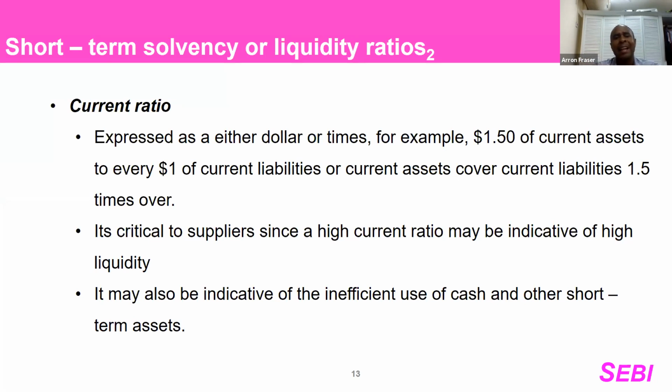So we might be looking at last month's figures, do the calculations, and we see that we have less than 90 cents of current assets to a dollar of current liabilities at last month end. But having invested that excess cash, we might have those returns coming this month and in time to settle those liabilities. So it might not be as damning as we think it was when we did those calculations.